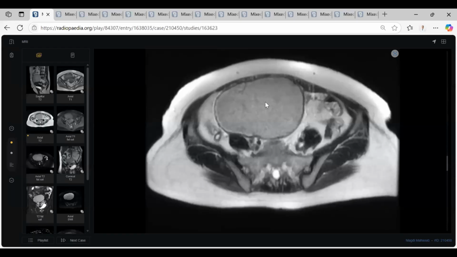All of them will be edematous. But here you can detect the left ovary because the lesion is so large. It's 12 centimeters. Okay, doctor? This is right.